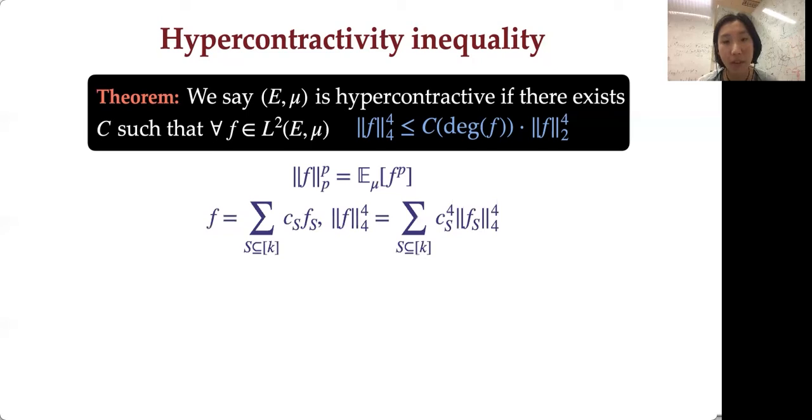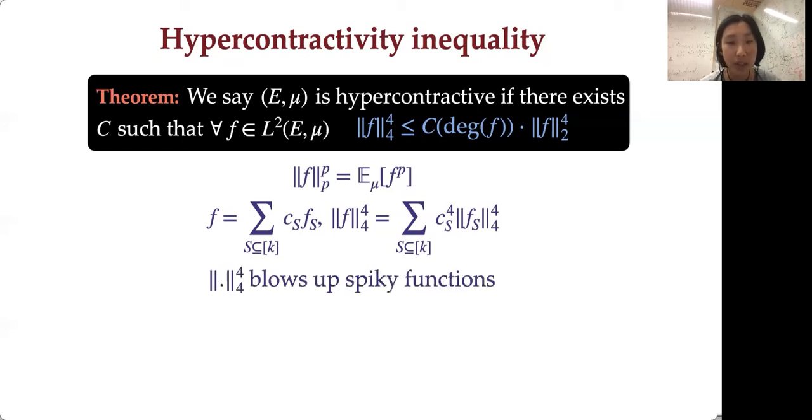Here we consider this to be an orthogonal decomposition, and the function f_S corresponding to the subset S has degree precisely the cardinality of the set S. Then, since it's an orthogonal decomposition, we can write the fourth moment of the function f to be basically summation over all S, c_S to the 4 times the fourth moment of each individual component f_S.